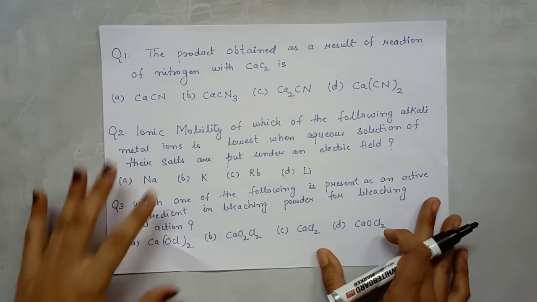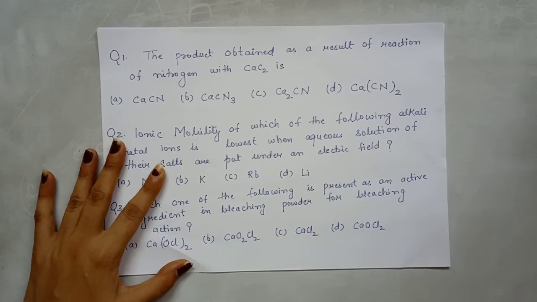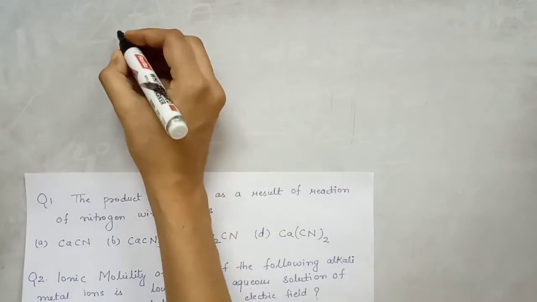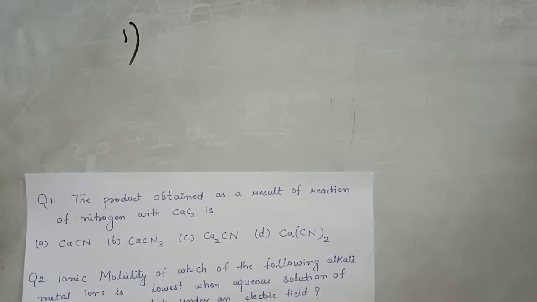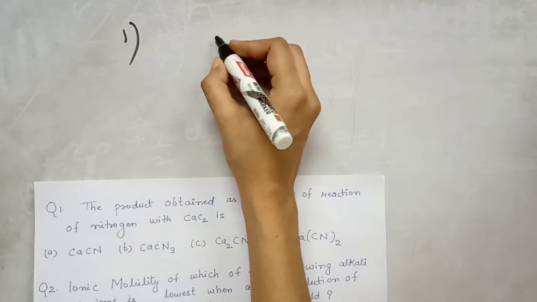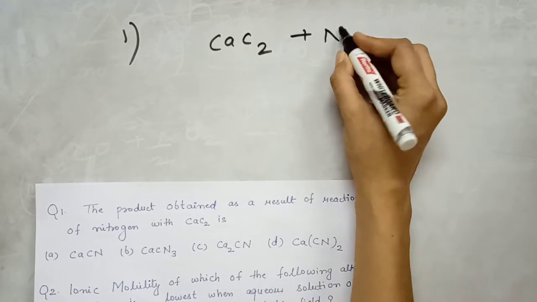First question: the product obtained as a result of the reaction of nitrogen with CaC2 is. So you have to predict the product of the reaction between CaC2 and nitrogen.